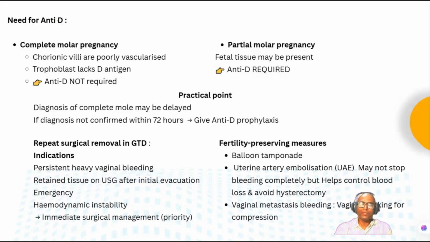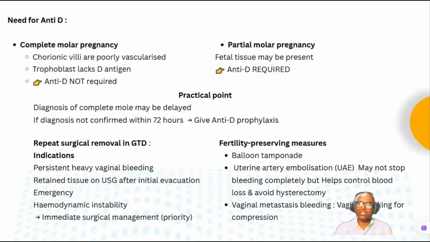But what is the practical point? The diagnosis of partial or complete mole is by histopathology only. So if the diagnosis is not confirmed by histopathology within 72 hours, then we need to give anti-D prophylaxis. So when you are asked about the anti-D, read the scenario carefully, whether the histopathology report has been given and it has confirmed complete molar pregnancy or partial molar pregnancy.